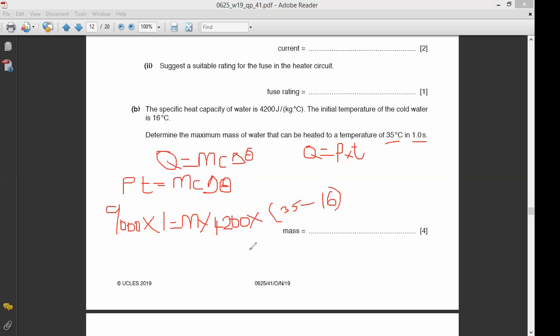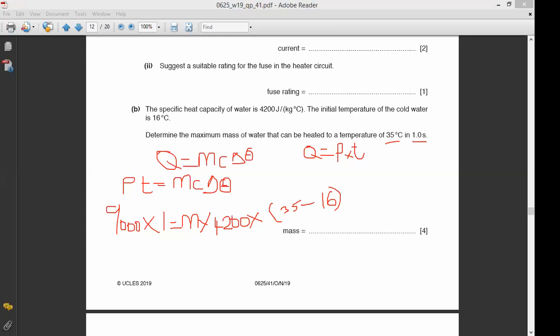Okay, so when you do that, what will be the answer for the mass now? I got 0.011. Are you sure it's 0.011? That's what I got. I'm getting a different one though.